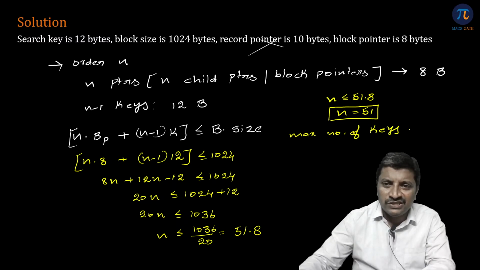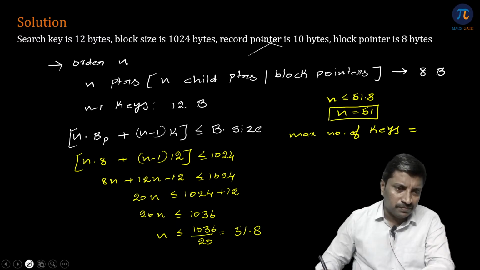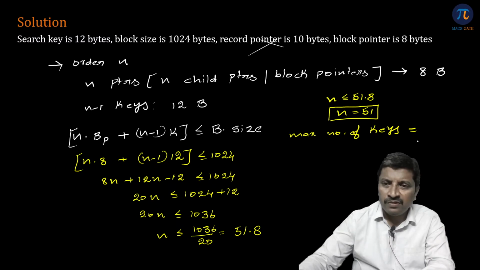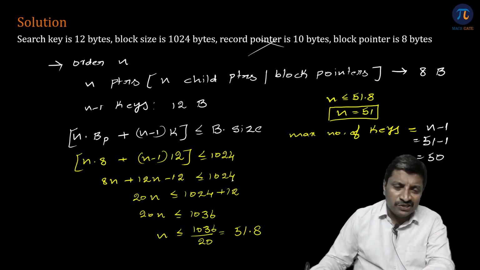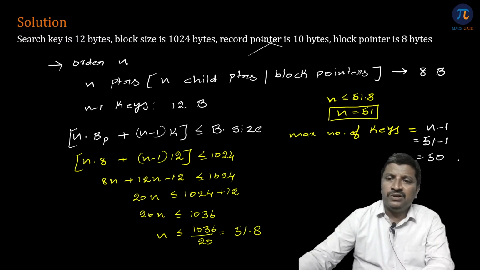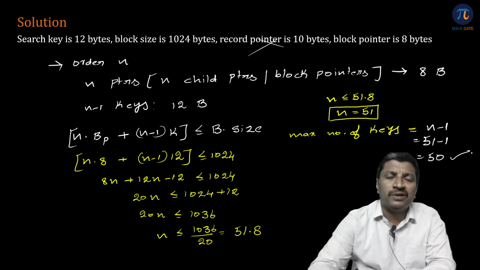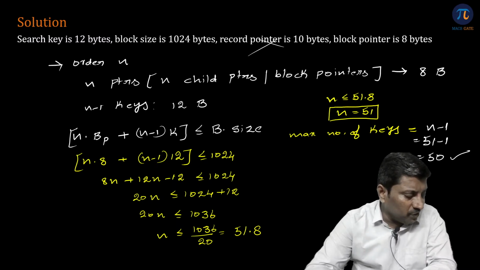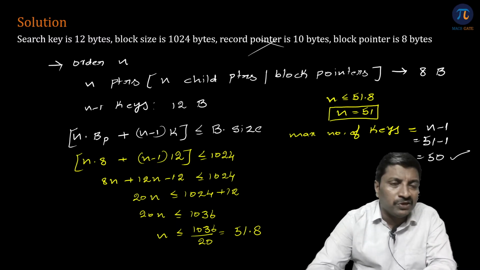Max number of keys is equal to n minus 1. That is 51 minus 1, which is equal to 50. Sir, please check the numerical calculations. I am not sure. So 1036 by 20 is 51.8. Hope it is clear. So the answer is 50. Please go through it, and if you have any doubt, please raise it in the chat box.